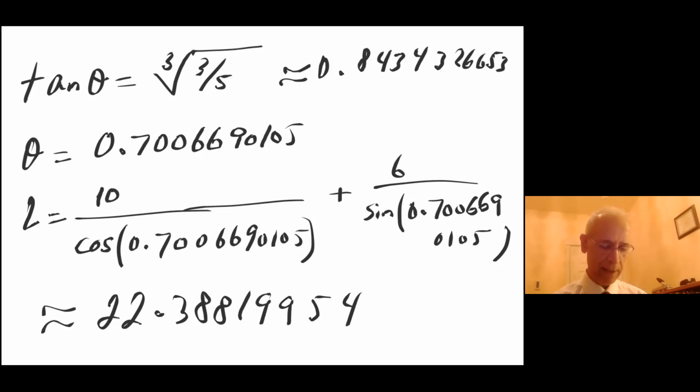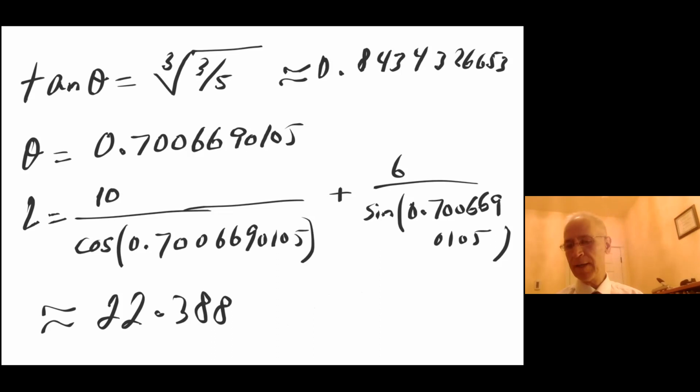Let's do it to say 3 decimals. That's the answer I'm getting according to my calculator, and the unit was feet. So the ladder must be 22.388 feet or shorter. Okay, thanks.